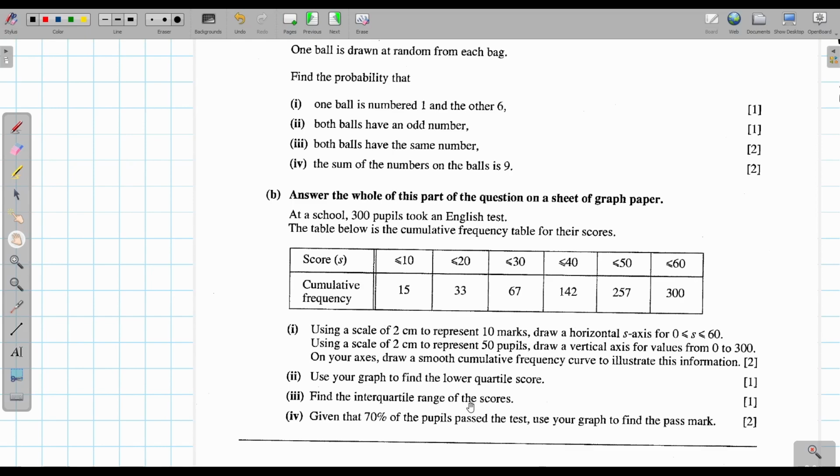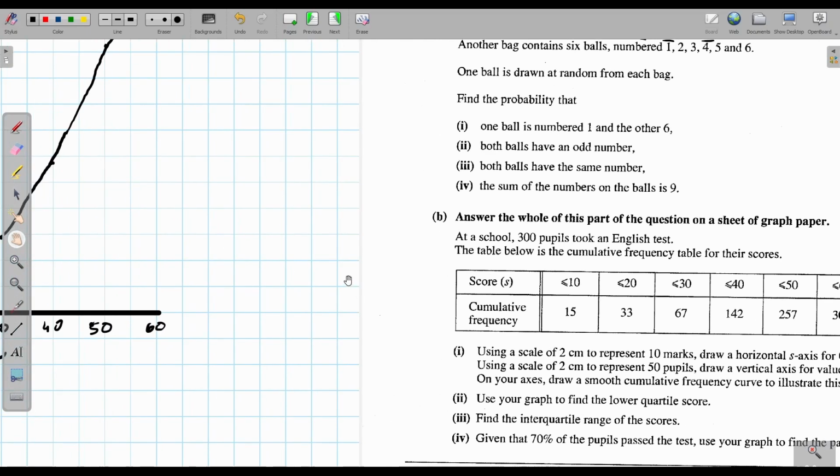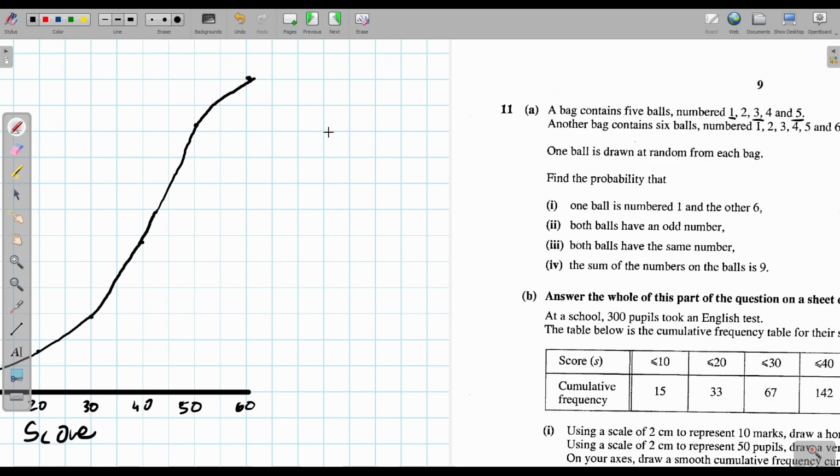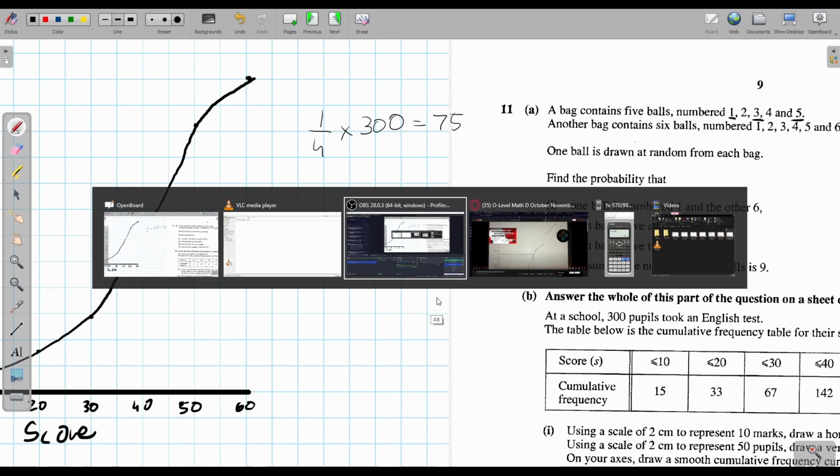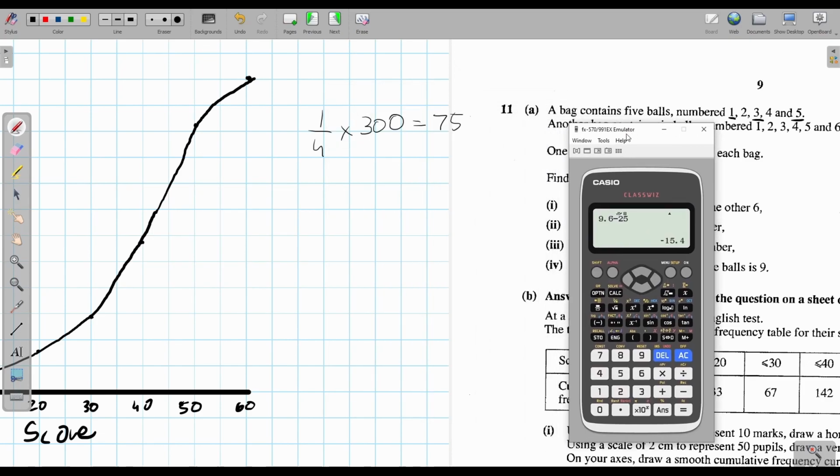So use your graph to find the lower quartile score. So the lower quartile would be 1 over 4 into the number of pupils, right? Which should be 75, I think, but let's also calculate that. So 1 divided by 4 into 300 is 75.